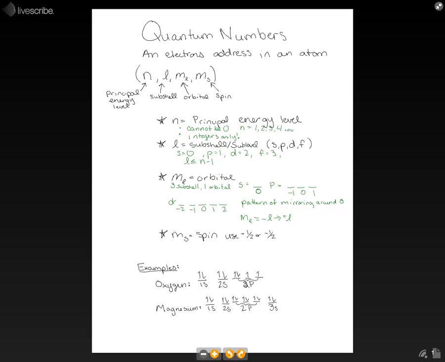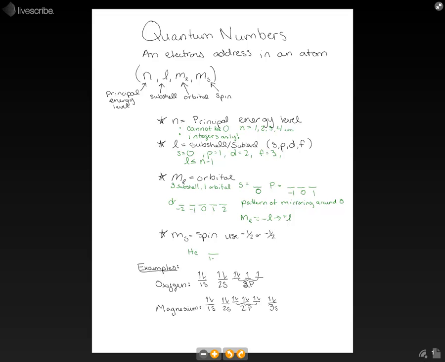And the last quantum number is M sub S, and that tells us the spin of the electron. And we use a positive 1/2 or a negative 1/2 to say which way that spin is. So let's look at helium real quick, because that's our easiest example to show both a positive and negative spin.